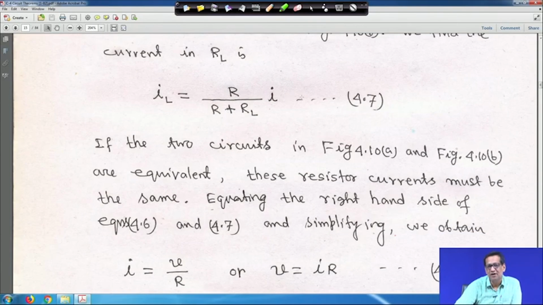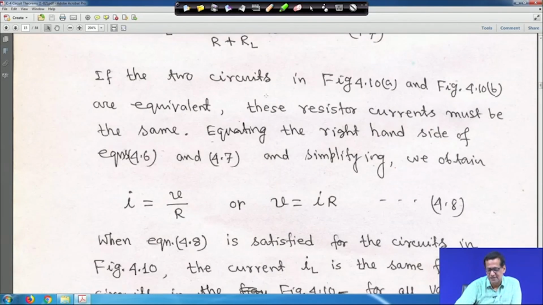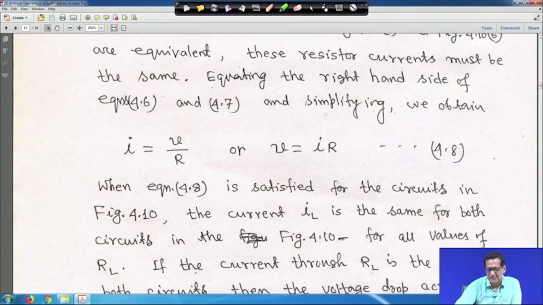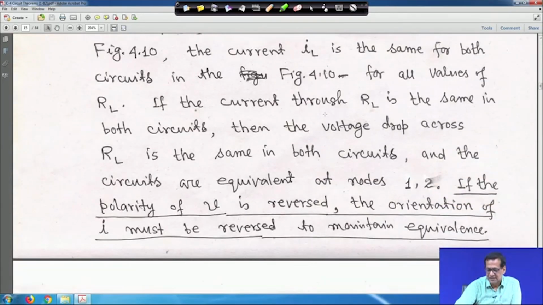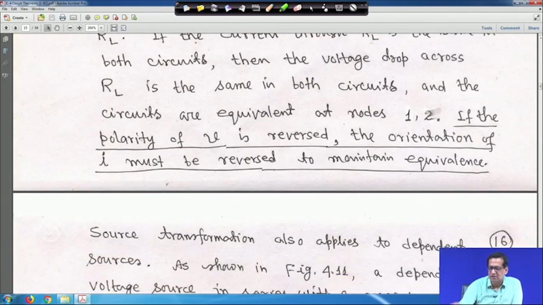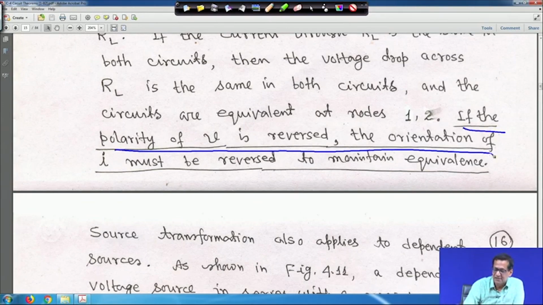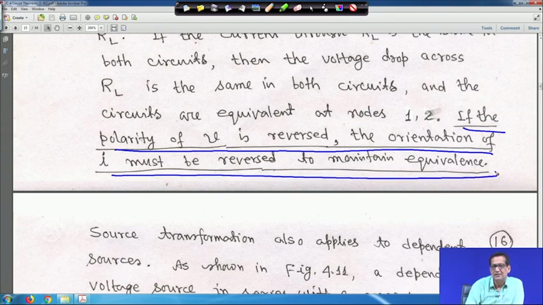I explained the electrical equivalent, that I is equal to V upon R or V is equal to IR. The polarity I also told you: if the polarity of V is reversed, the orientation of I must be reversed to maintain equivalence, which I underlined also.